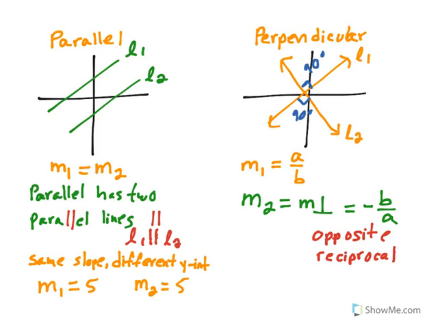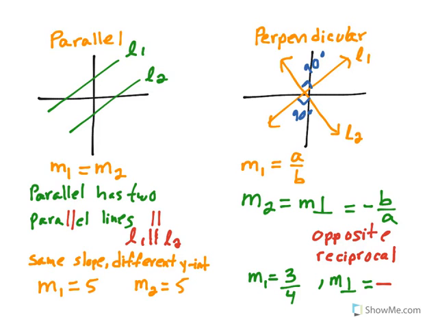But for perpendicular lines, let's say that the slope is 3 over 4, and I ask you what is the slope for the line that is perpendicular to M1. We have to use the opposite. Because that is a positive slope, now my slope is going to be negative.